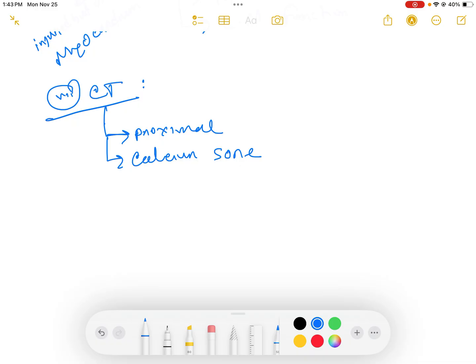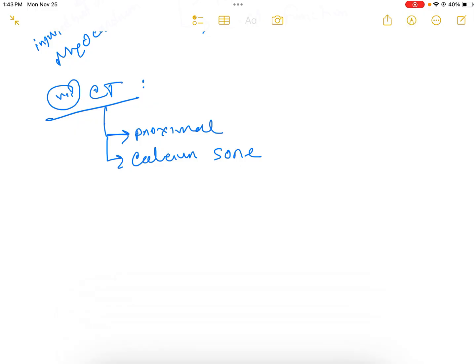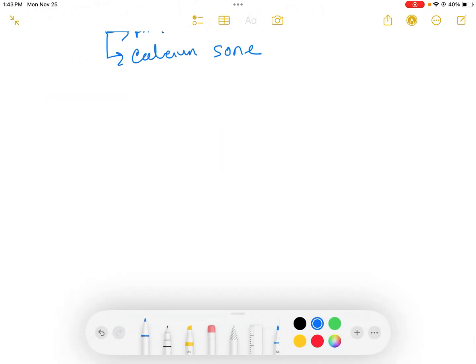Now, non-invasive methods are done. Now, invasive methods of diagnosis include coronary angiography.